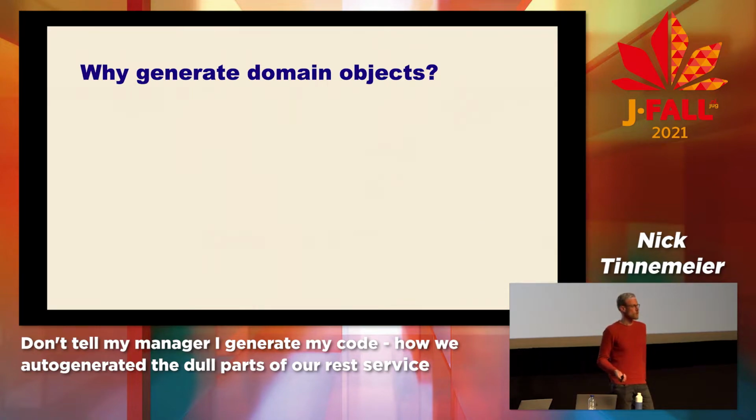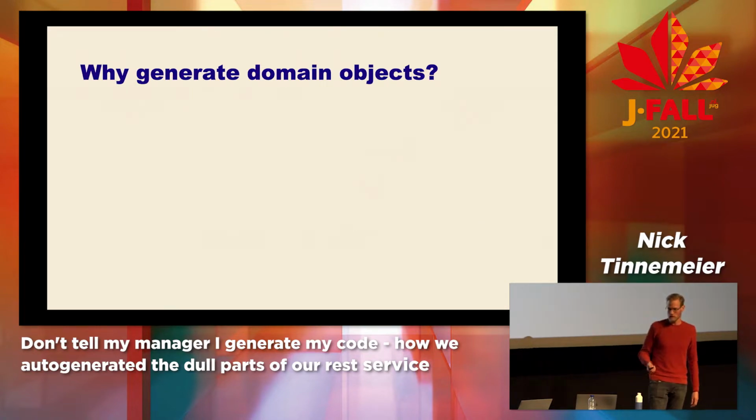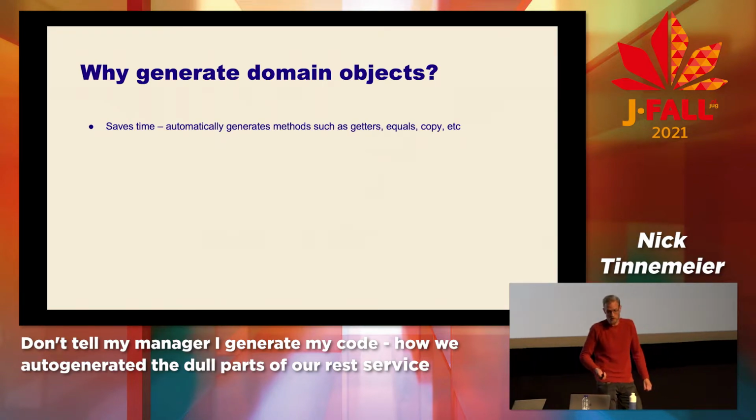So let's start with why would we even want to generate domain objects? Well, kind of no-brainer, it saves time, right? Because you don't have to write these tedious getters, equals, copy methods, hash code. It's all being automatically generated for you. It leads to cleaner code because you can focus on the things that actually make up your domain model, the attributes.